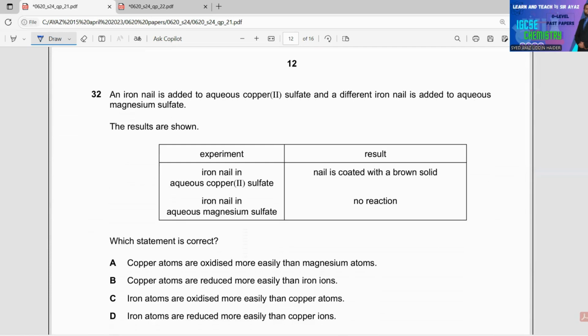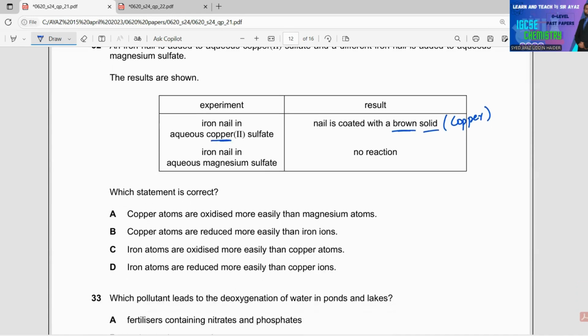So with aqueous copper(II) sulfate, iron replaced copper from copper(II) sulfate because if you see in the result, there's a brown solid on the nail which indicates copper being reduced here. What about the iron nail in aqueous magnesium sulfate? There's no reaction, which means that iron does not react here.